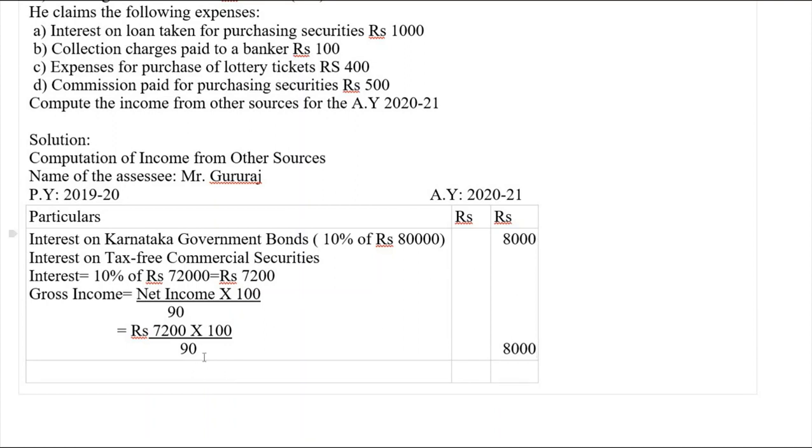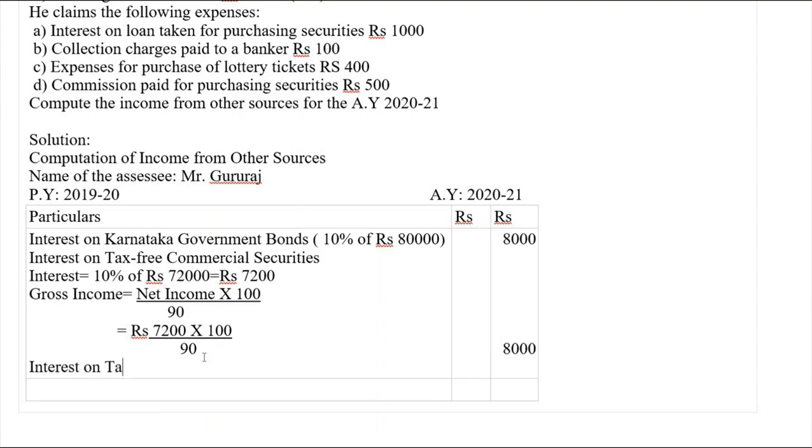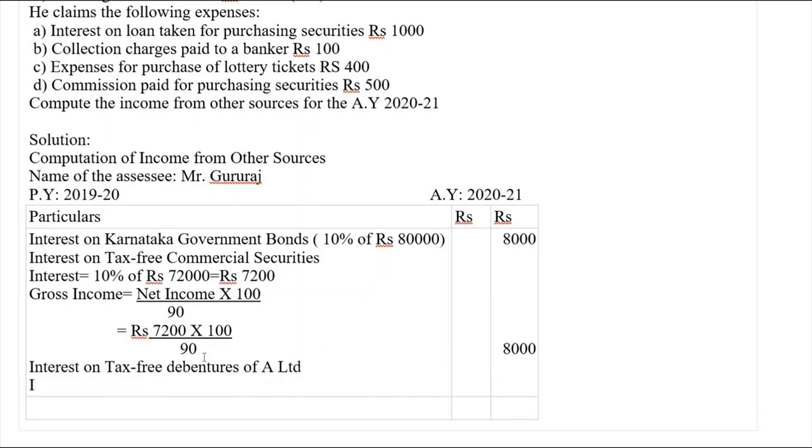Then the next one, interest on tax-free debentures of A Limited. The rate of interest is 18%, so 18% of rupees 40,000 equals rupees 7,200 only.